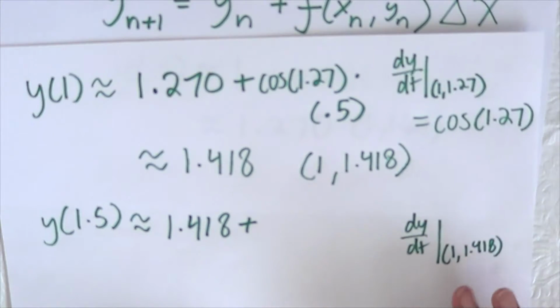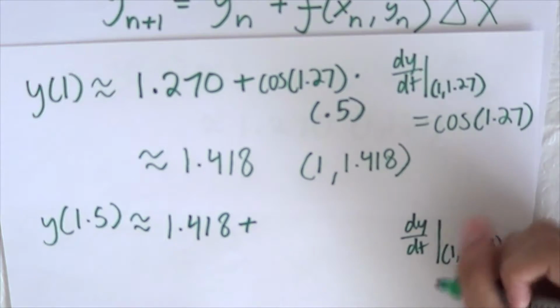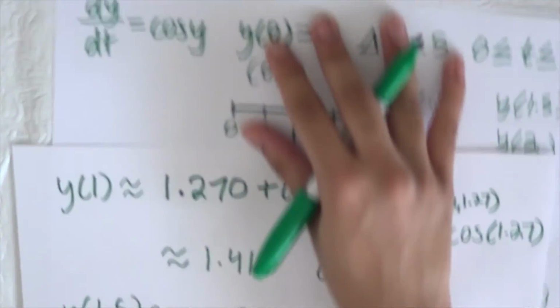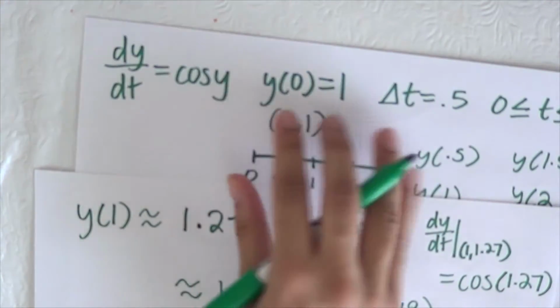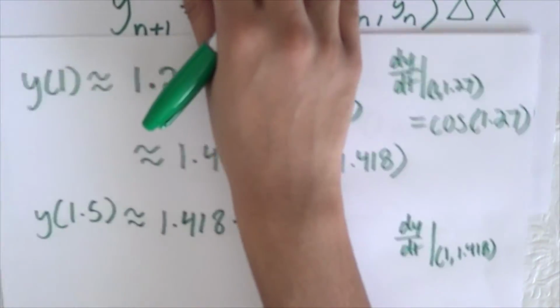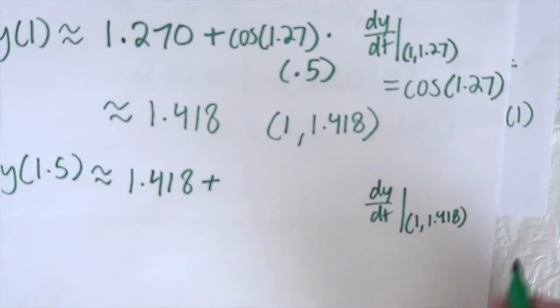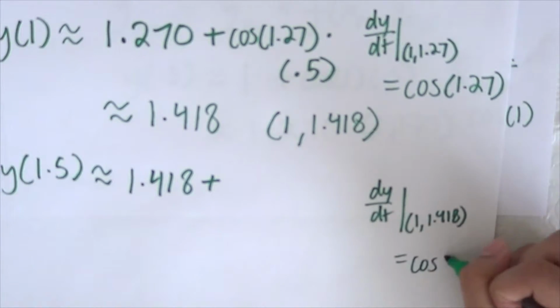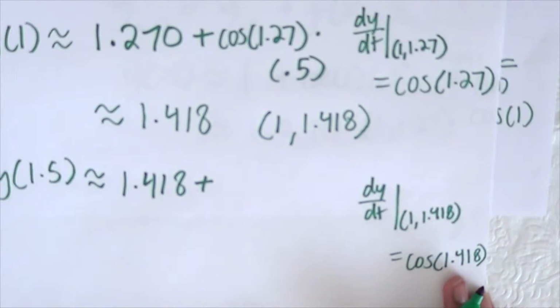And we won't be using the t value because our derivative only calls for cosine of y, not cosine of t or anything. So just cosine of the y value.